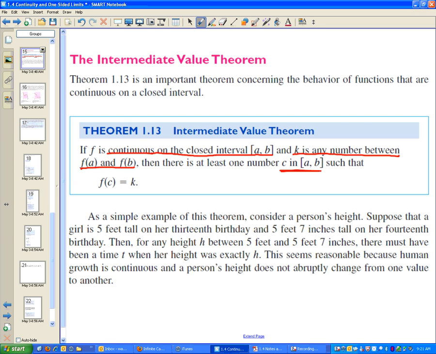There's at least one x-coordinate between x equals A and x equals B, including x equals A and x equals B, such that the value of the function at that x-coordinate equals that number we chose between f of A and f of B.